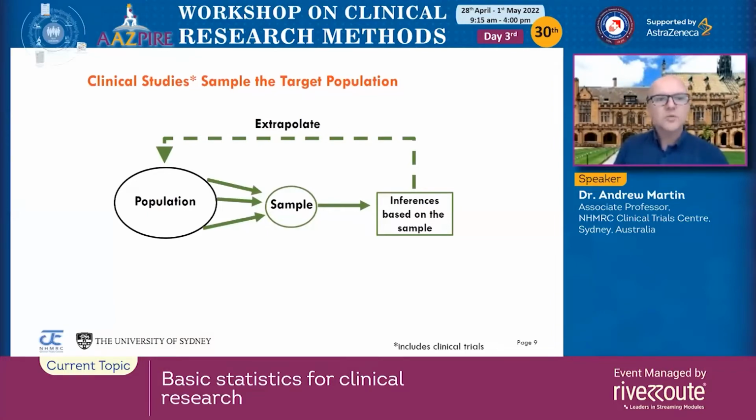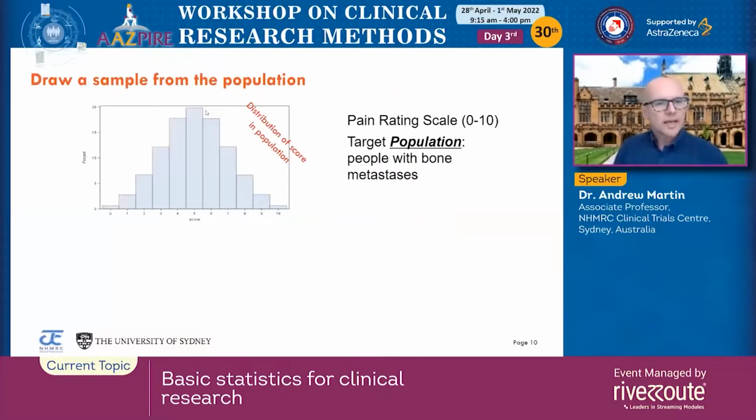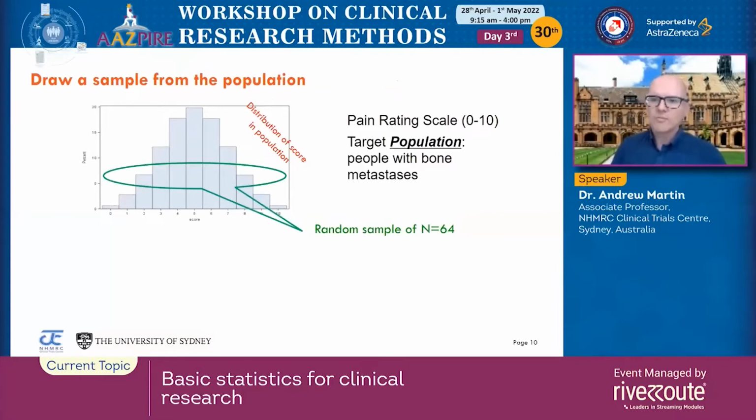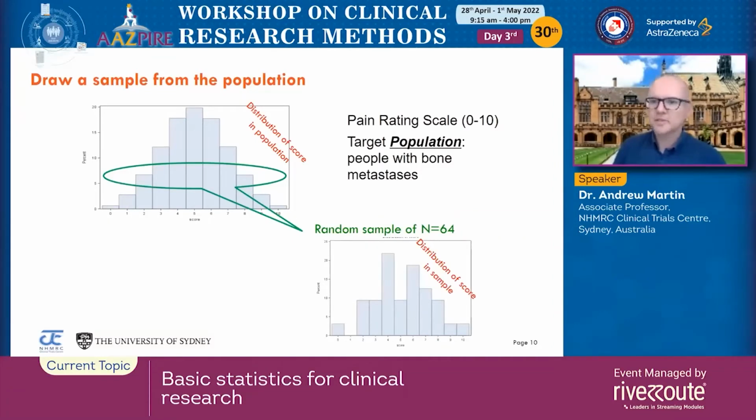hypothetical scenario where we've got an entire population's worth of pain data, and we're going to draw a random sample from that target population of size 64, and we're going to look at the distribution of the pain scores we obtain from that sample of 64, and there they are. There's that distribution.